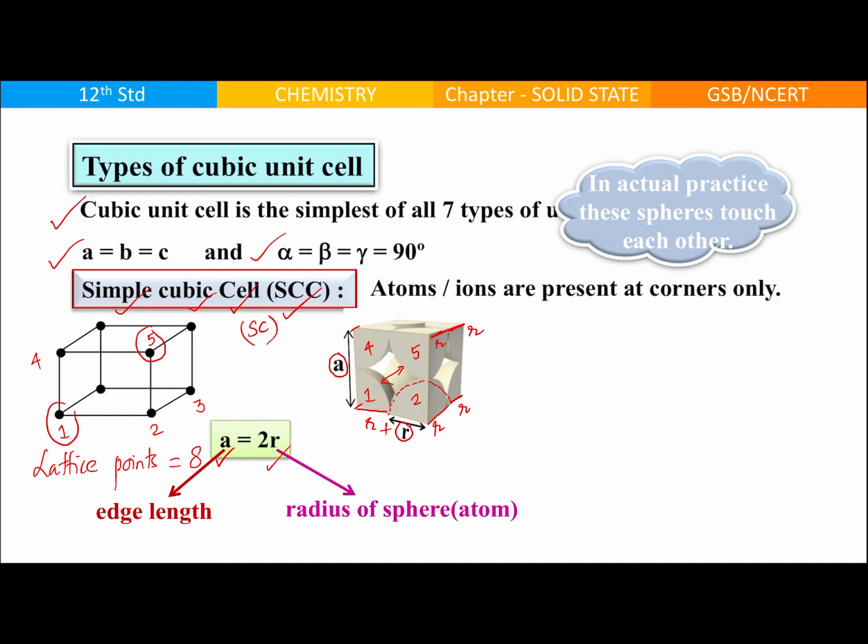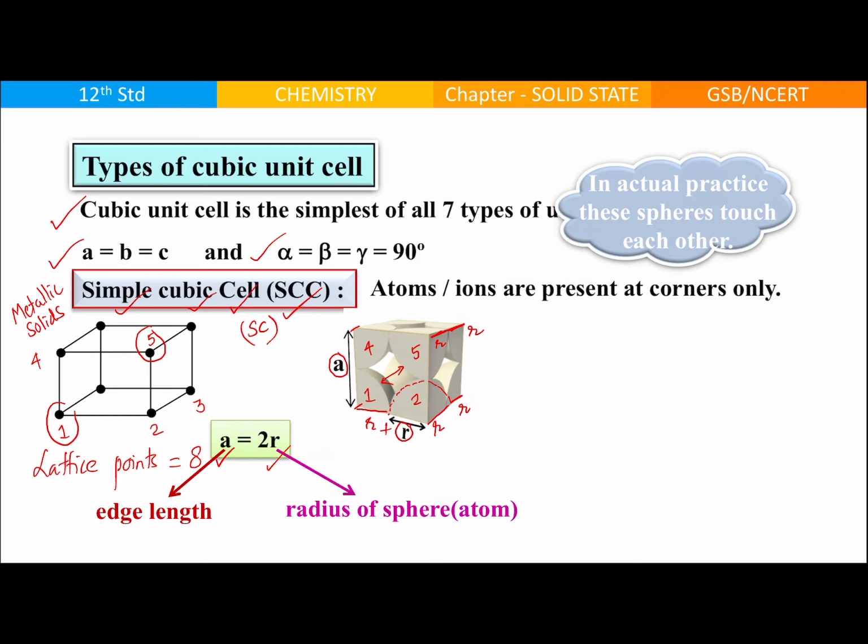When I say sphere, it is an atom. Here all the atoms are of the same type, and such solids are called metallic solids. All the atoms present in a metal will be of the same size. Later you will learn ionic solids, where there will be cation and anion, and they will be of different sizes.